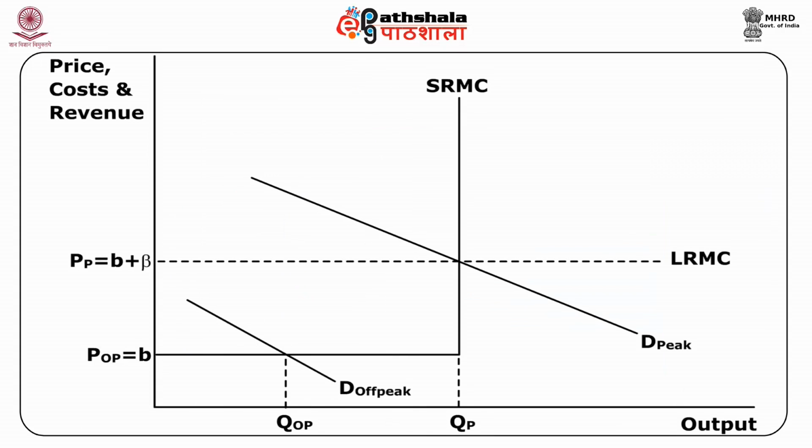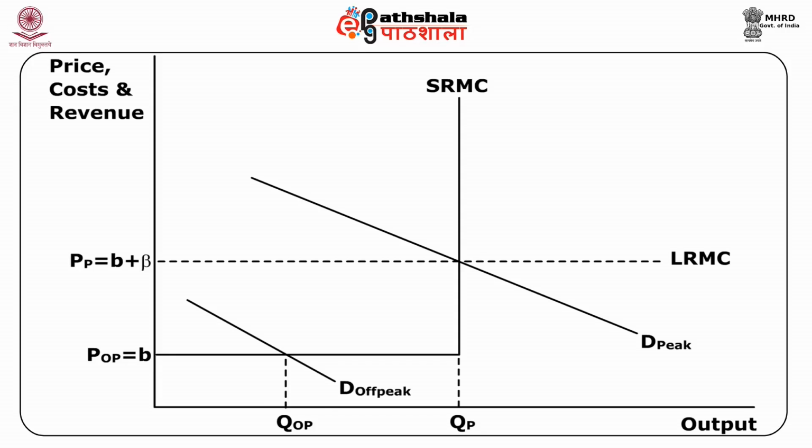D peak and D off-peak are the respective demand curves of the peak and off-peak period segments. D off-peak is lower than D peak and the two demands are assumed to be independent. The assumption of independent demands implies that price in one period has no effect on the quantity demanded in the other period.